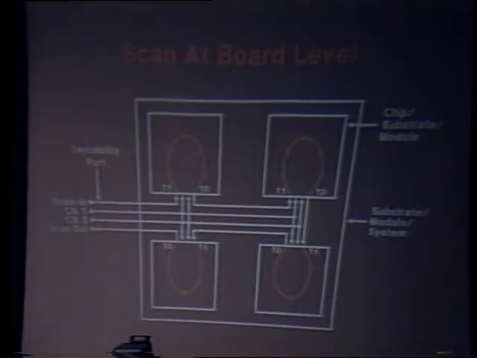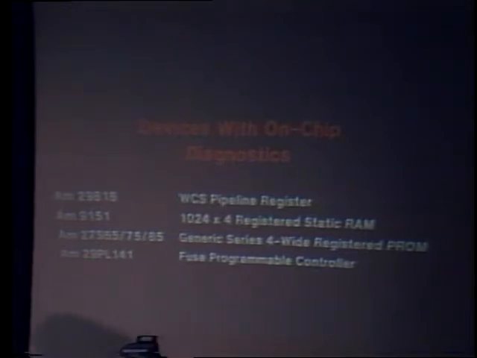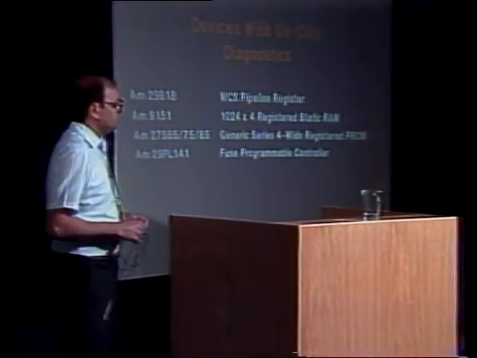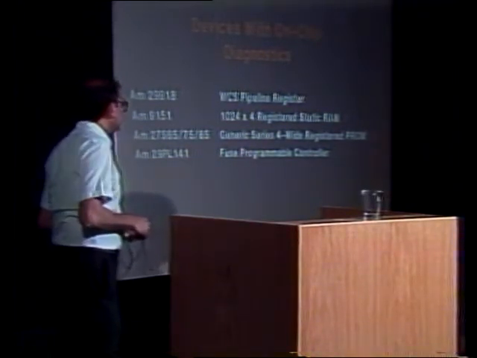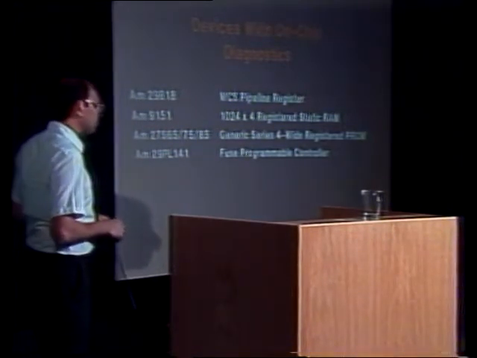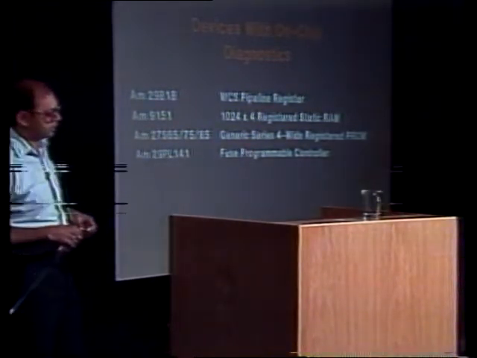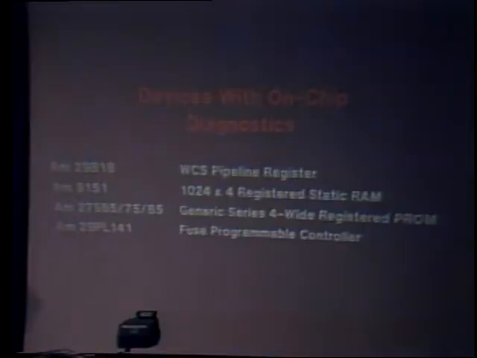Now, what if your gate arrays did not have scan design on them, and you wanted to consider implementing scan design at the board level? Is there a way out? Well, fortunately, yes. Lately, some chip manufacturers such as AMD and Monolithic Memories Inc. have come up with devices with on-chip diagnostics.